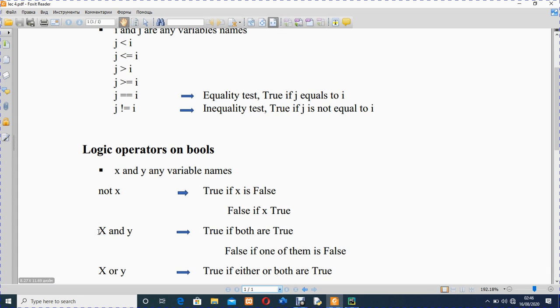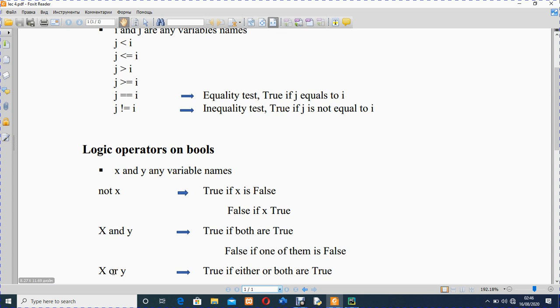Then we have and. Therefore, x and y applies to true if both are true, false if one of them is false.